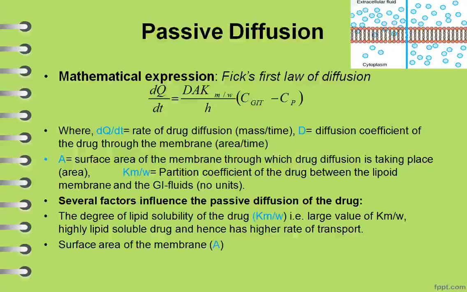The factors that influence the passive diffusion of a drug. First is the degree of lipid solubility of the drug, that is the partition coefficient. The larger the value, the more lipid soluble the drug and hence the higher the rate of transport.